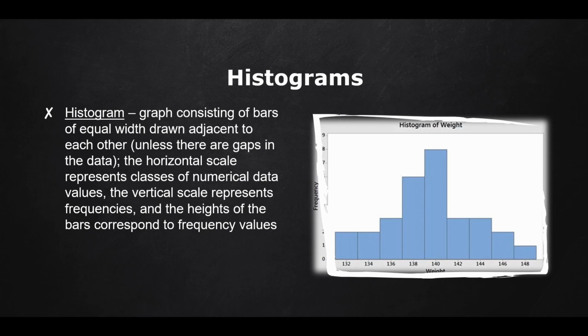Then, well, there's nothing we can do. They're just going to be gaps. The horizontal scale here contains numerical data, and the vertical scale contains the frequencies. So a histogram is basically the graph of a frequency table, which is pretty nice. They kind of go hand in hand.